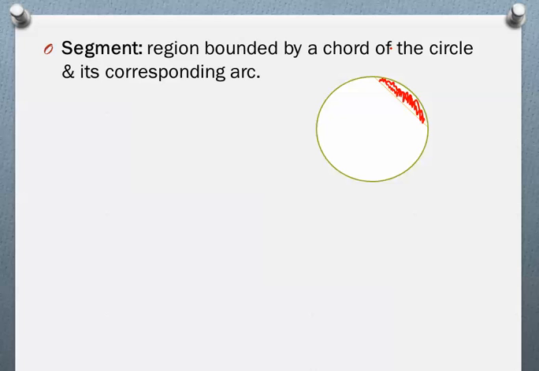Now, one thing we'll want to know is how do you calculate the area? Well, let's say this is the center, and I draw a line to each endpoint of the chord. And you'll notice that basically now we have a sector, and within that sector, you have a triangle.